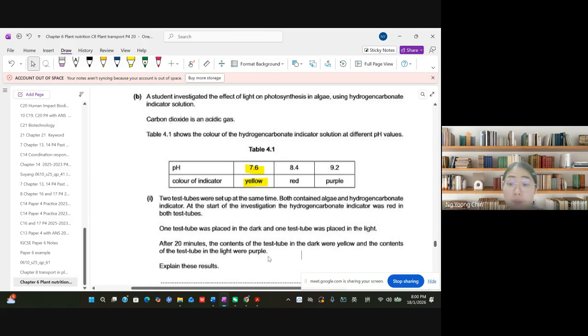That's why they changed to purple. So we need to explain the result by showing what kind of process happened. Is it respiration or is it photosynthesis? But we can clearly see that the color of the test tube changed to yellow, which means that the pH is more acidic.